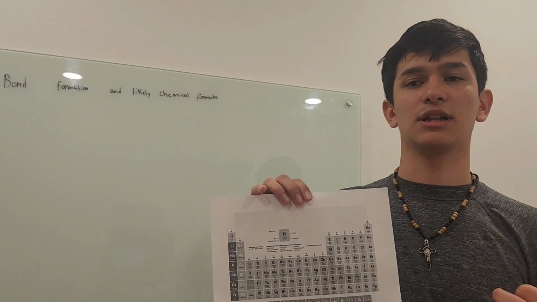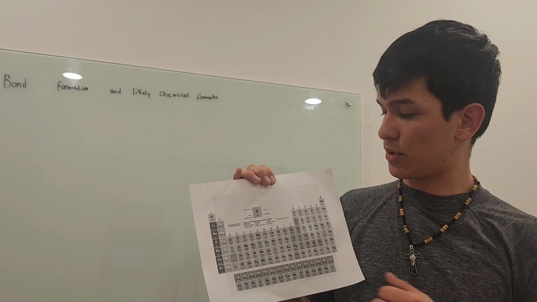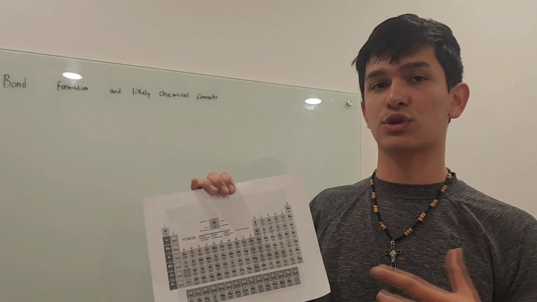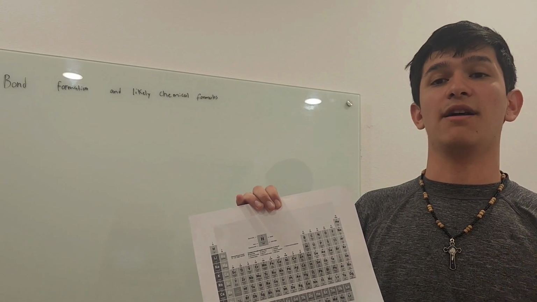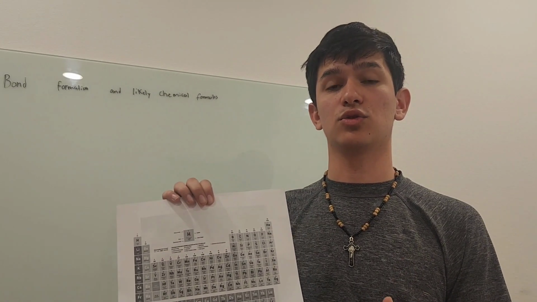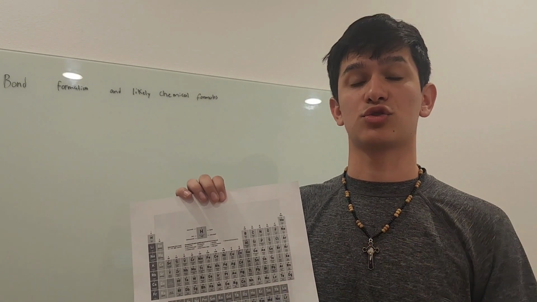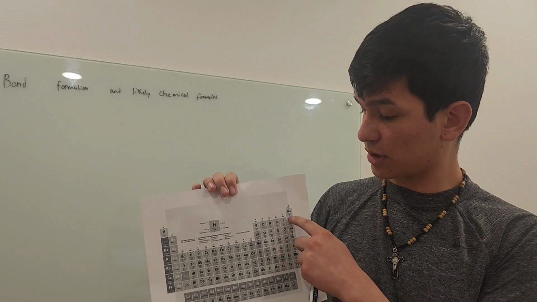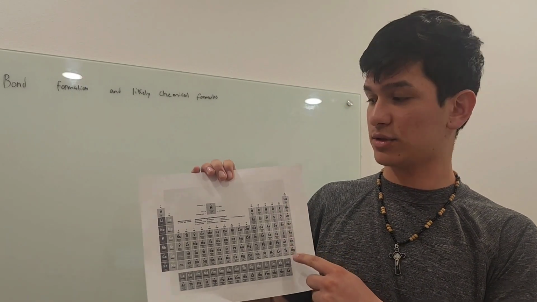They like to lose their electrons. For example, boron, instead of trying to fill its octet by making 5 bonds, likes to lose those 3 electrons to reach its noble gas status.